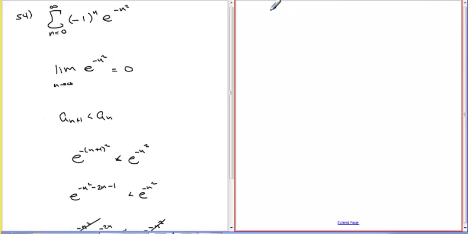Now what we do is we look at the non-alternating version of the series. And the question is, does that converge, and what test do we use to answer the question? That's the big question right now, which function could we use?